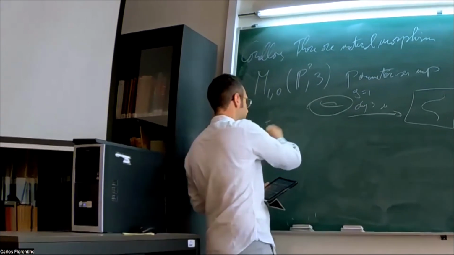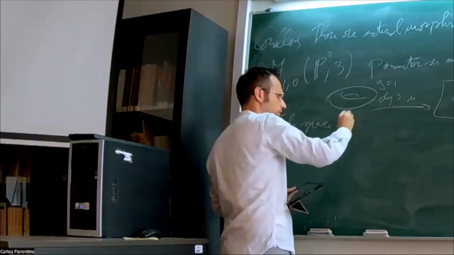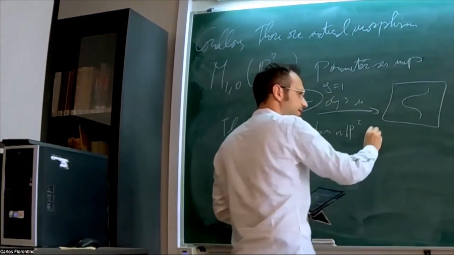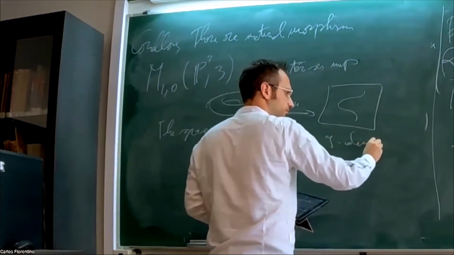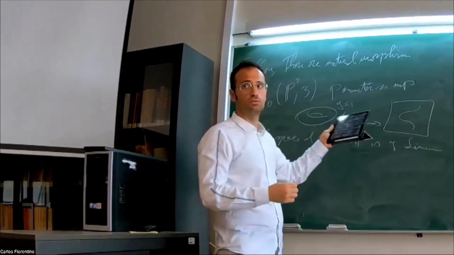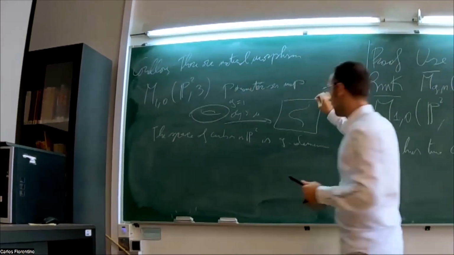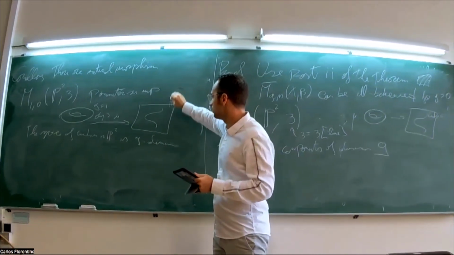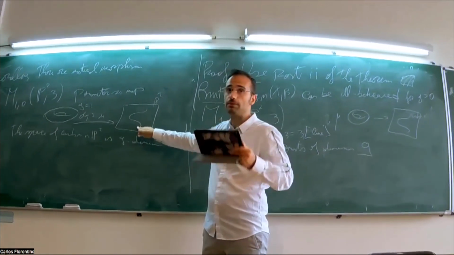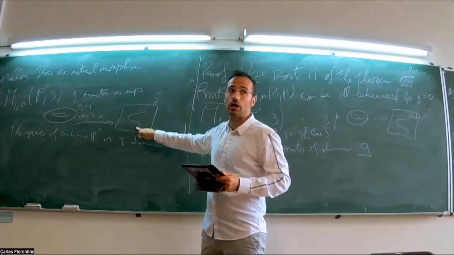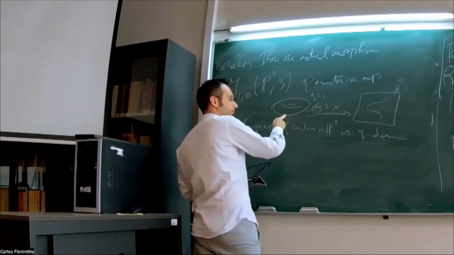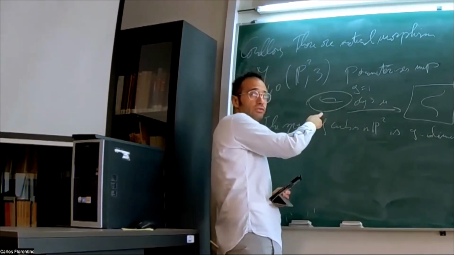The space of cubics in P2 is 9-dimensional. So how many maps do I have? Take a cubic in P2, and I have a 9-dimensional variety where I can choose. A cubic in P2 is a curve of genus 1, so I can imagine an isomorphism from this to a curve of genus 1.